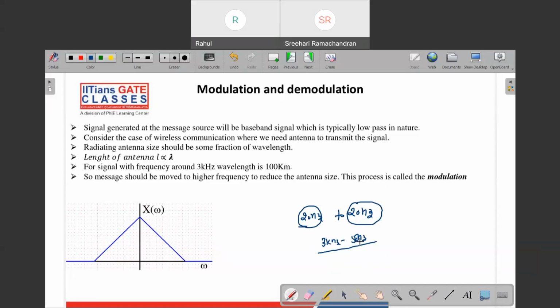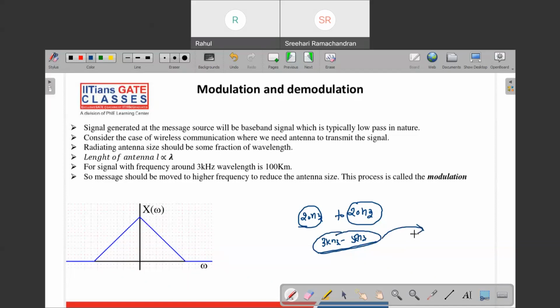That will be very costly, and that doesn't make any sense. Because of that, we do an operation called modulation, and the purpose of modulation is to transform this low frequency signal to a high frequency signal.